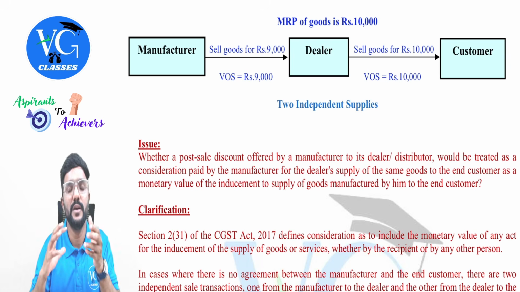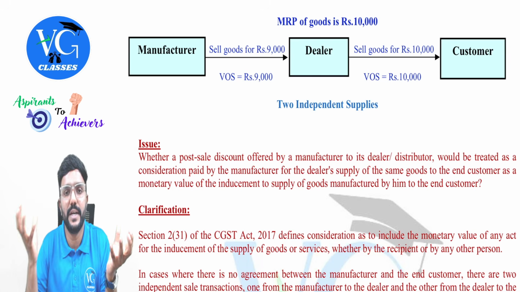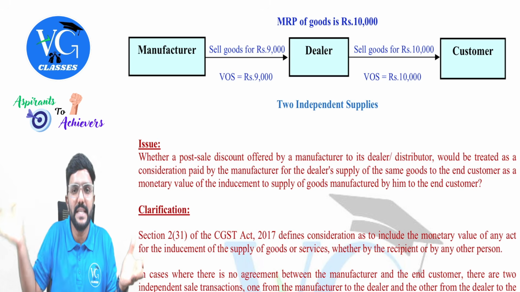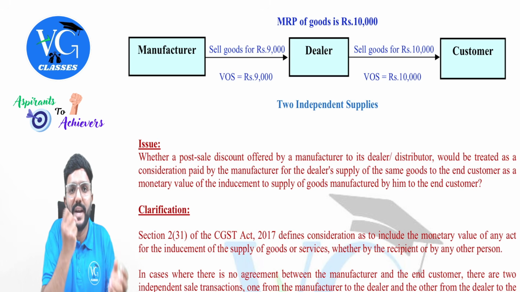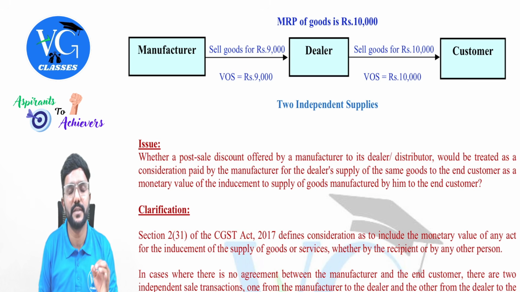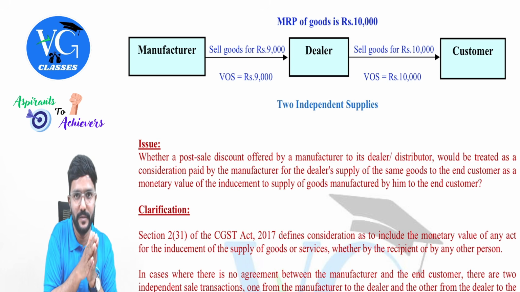Means the confusion was, as manufacturer is giving discount to the dealer in order to sell more and more, is the dealer providing any services to the manufacturer to get that 20% discount? The clarification is no, there is no separate supply from the dealer to manufacturer.